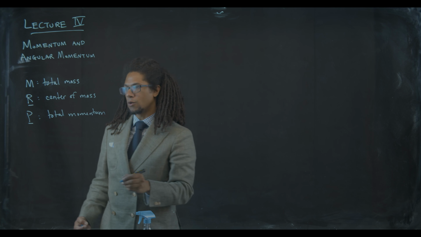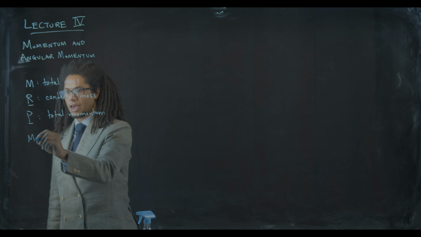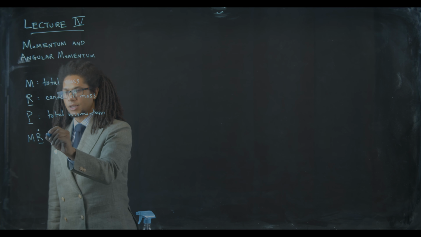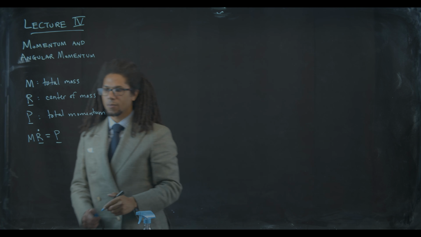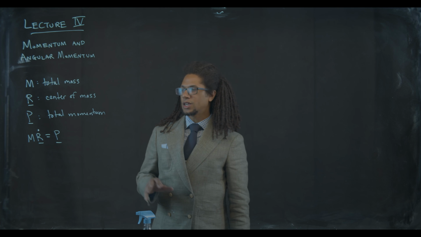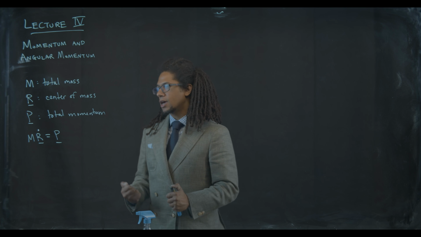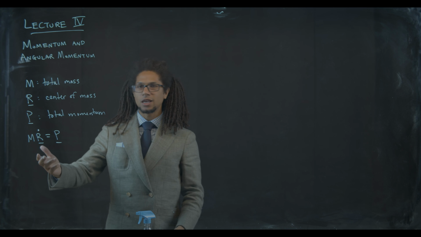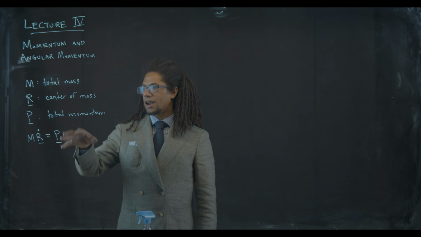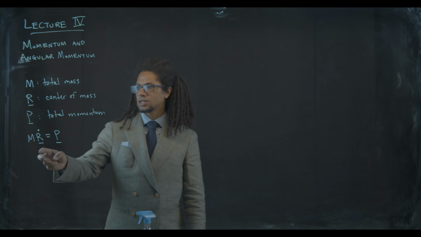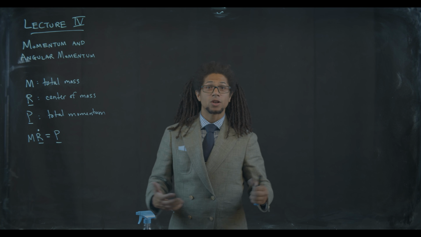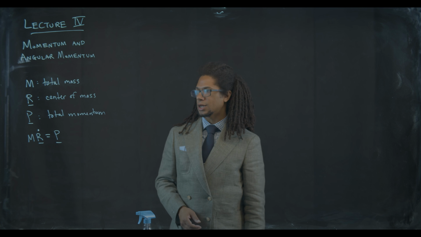And we came up with a really useful relation, M R dot is equal to P, which we argued means that we can treat the whole system, if we don't care about its internal dynamics, kind of like a single object that's living at the position R. That effective object has the same momentum as the total momentum of all of the objects in the collection.